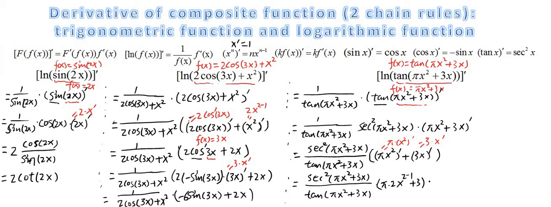So the answer would be secant squared of pi x squared plus 3x, times 2 pi x plus 3, divided by tangent of pi x squared plus 3x. That's it.